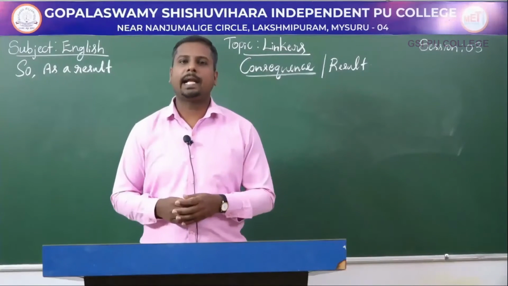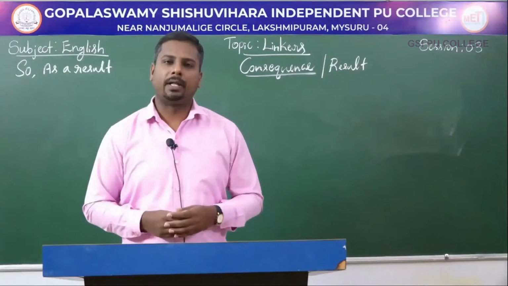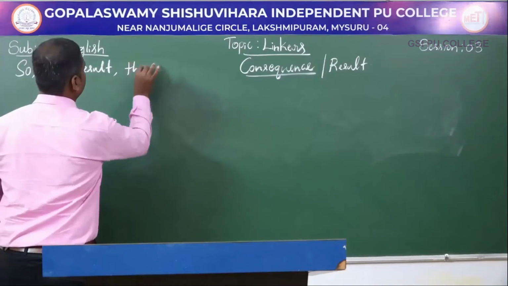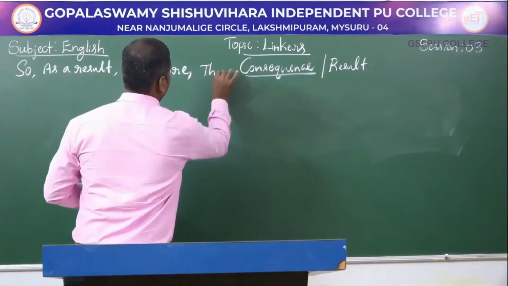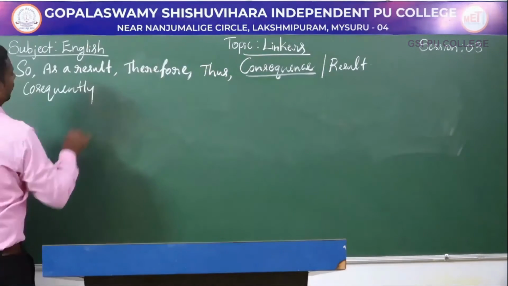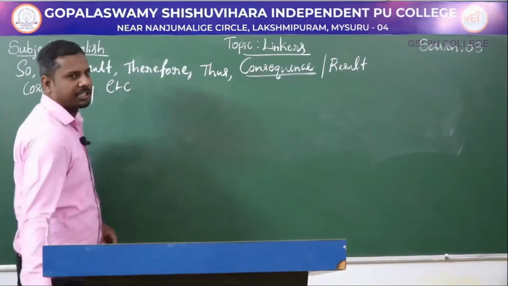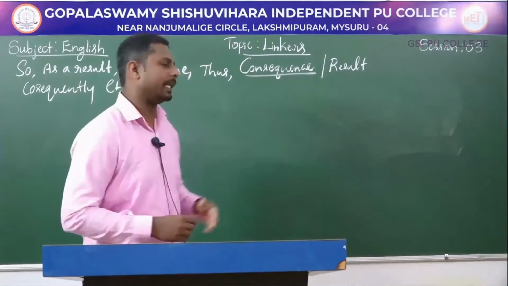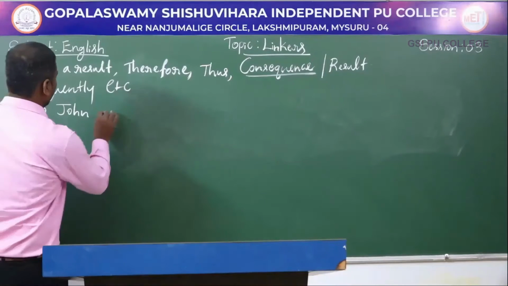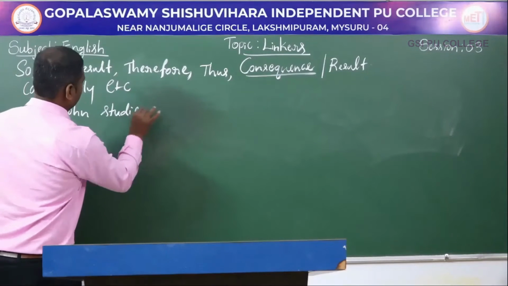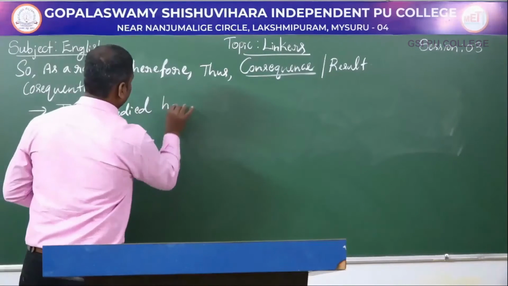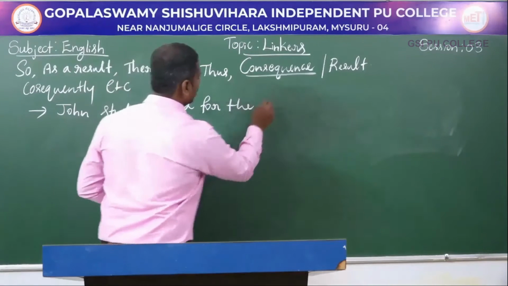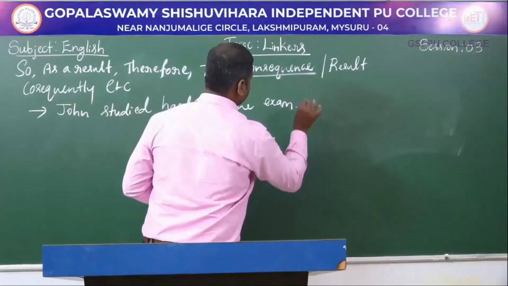Now there are other alternatives to express consequence such as therefore, thus, consequently, etc. Now let us see a few sentence examples to understand this. John studied hard for the exam.